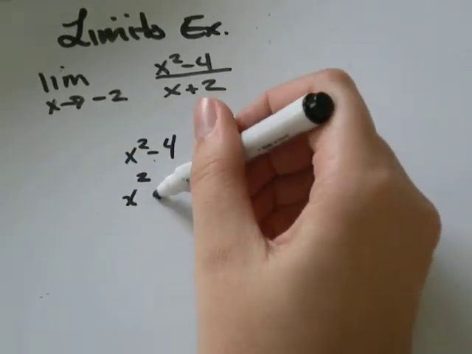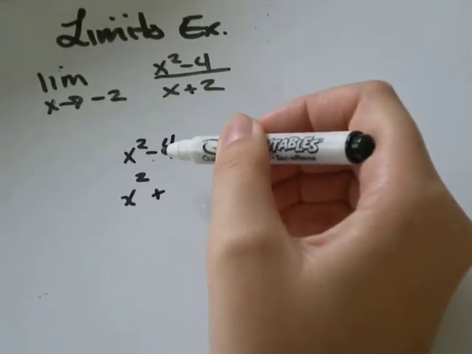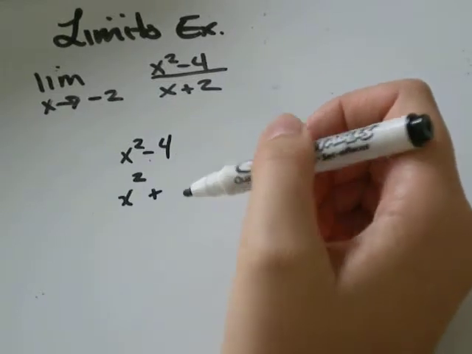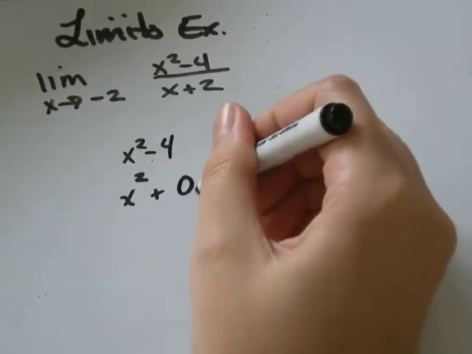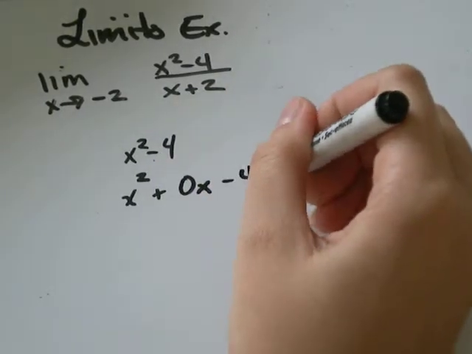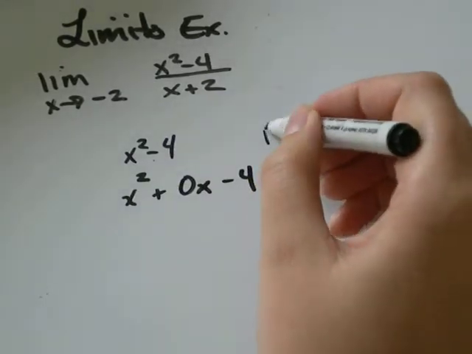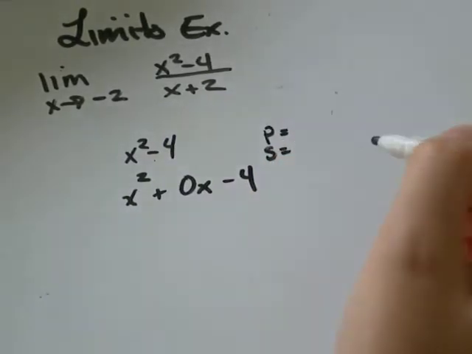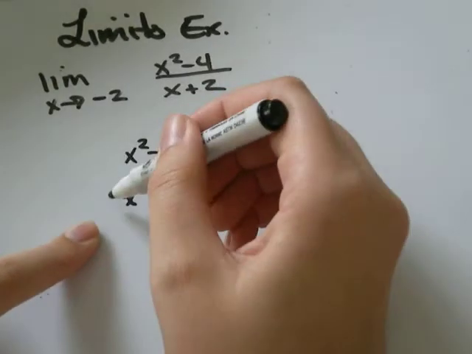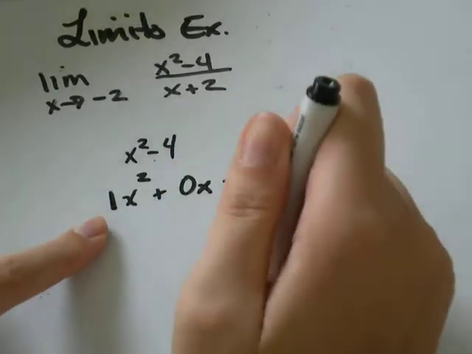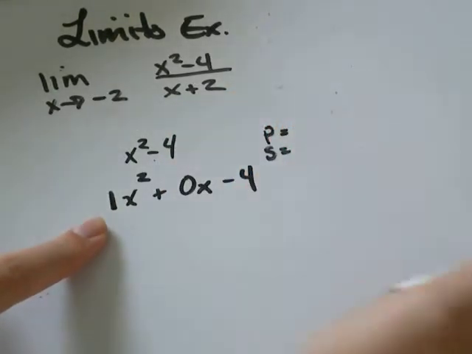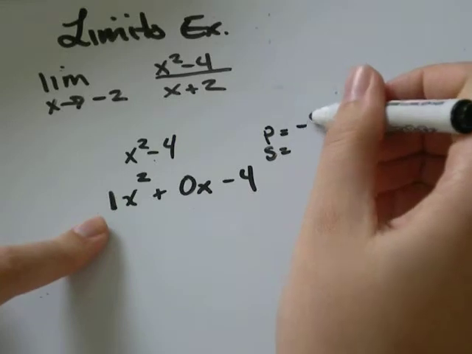X squared plus, how many x to the power of 1 terms do we have? Well, 0. So we'll put 0x minus 4. Then we'll go product equals, sum equals, just like you've probably seen a million times in factoring. The product is the coefficient on x squared, 1, times the number, -4, which is -4.